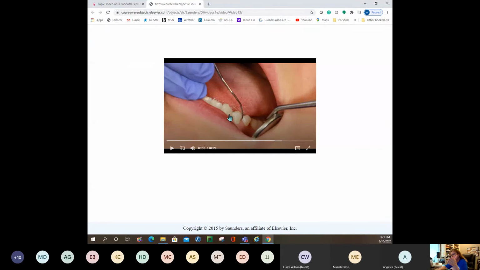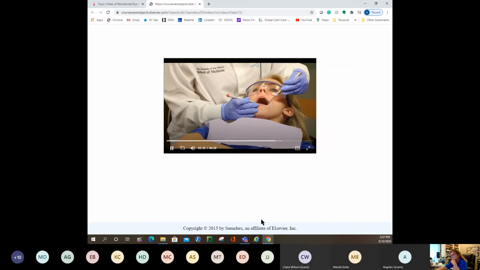And in a lot of their shots, all we see is this part. We can't see what they're doing in here, with the exception of this. So if it were me, I'd be picking this hand up, and that instrument would be going in more like this, parallel with the long axis of the tooth. So that's just the part that I'm not crazy about, but I'll let it go on.